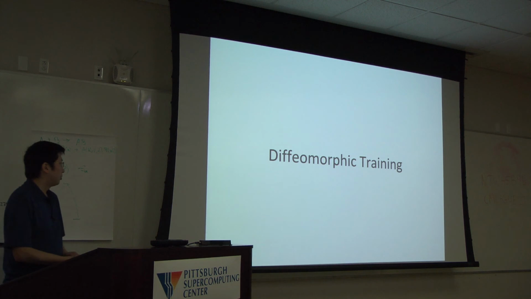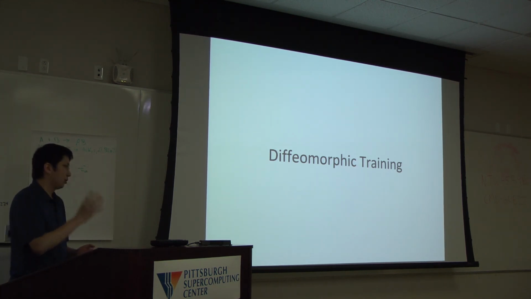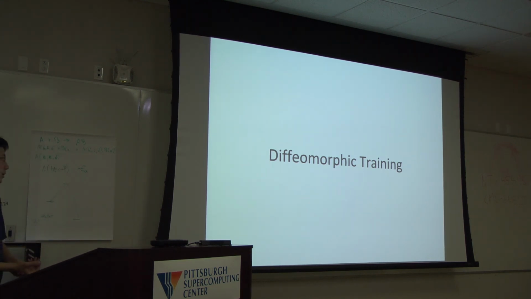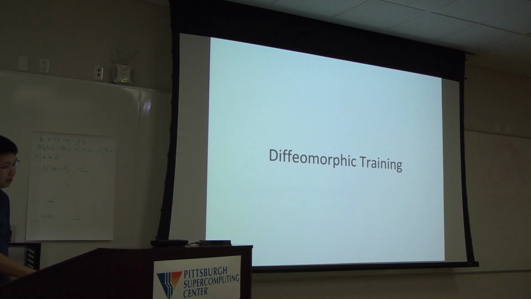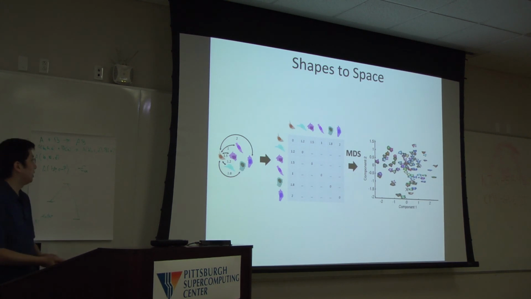So now I have talked about the principle of the shape space model, that we compute the distance between them and build a shape space from the distance. And in Cell Organizer, there are two modules, the training and the synthesis. So now I'm going to talk about how to train a diffeomorphic model in Cell Organizer. So here is the basic pipeline.